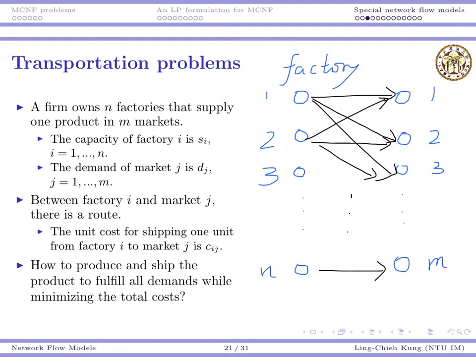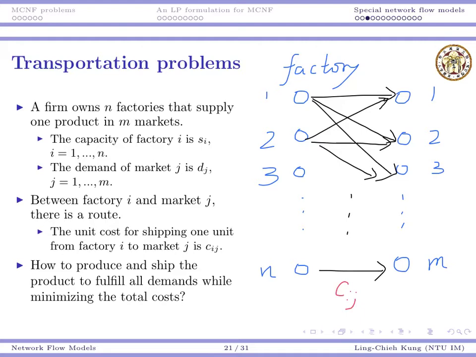What do we do with routes? Routes are used to ship products. Okay, and for each route, there is a unit cost for shipping one unit from factory i to market j. That cost is called Cij. So in this sense, this transportation problem is similar to network flow problems, right?